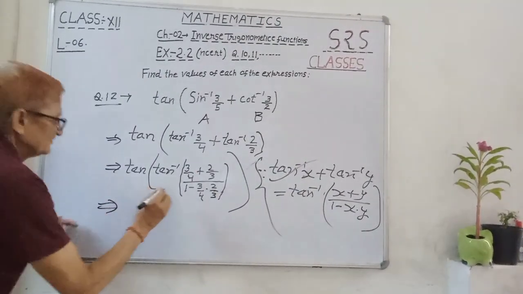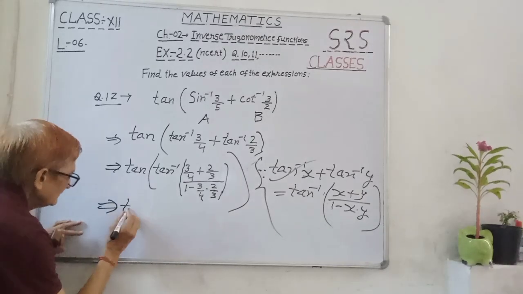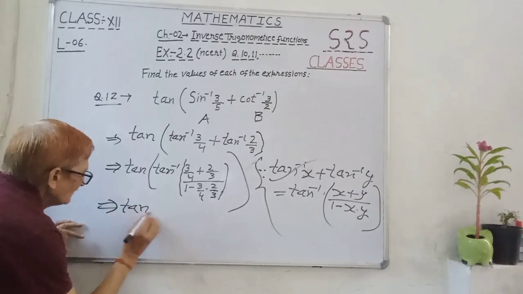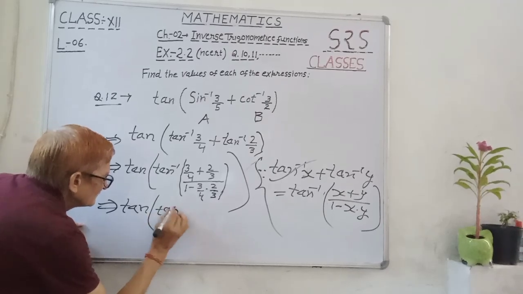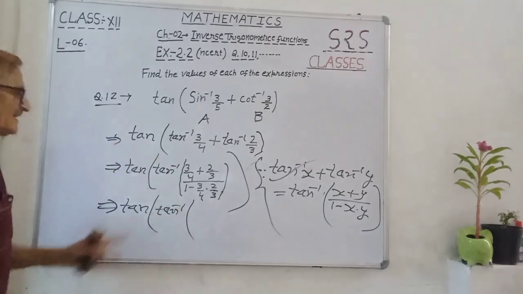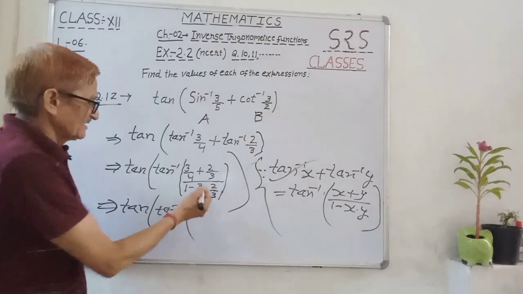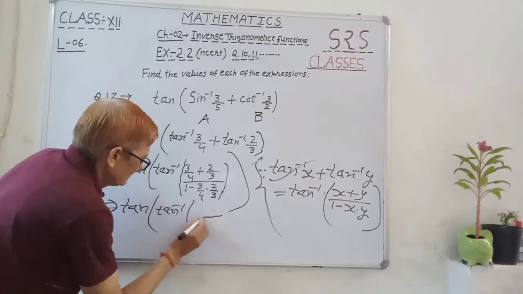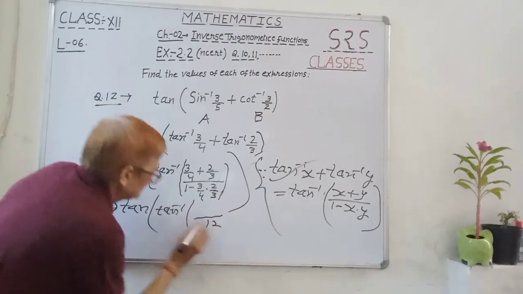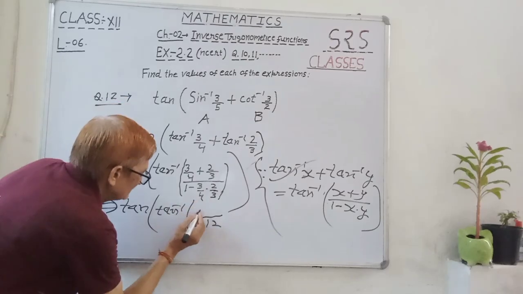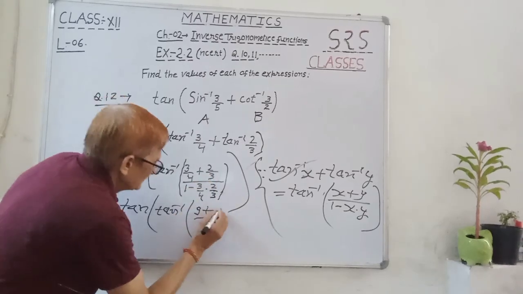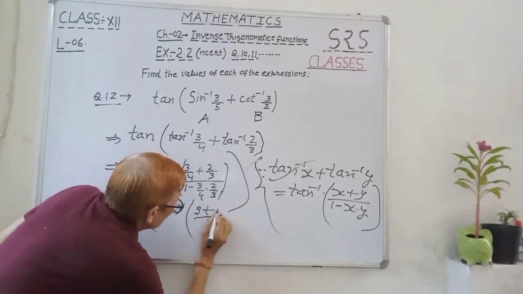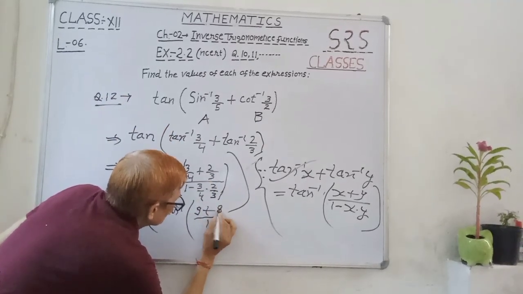Then simplify inside, tan of tan inverse. Simplify the LCM in the numerator: 4 3s are 12, LCM is 12, 3 3s are 9, add both, 9 plus 4 2s are 8, 9 plus 8.